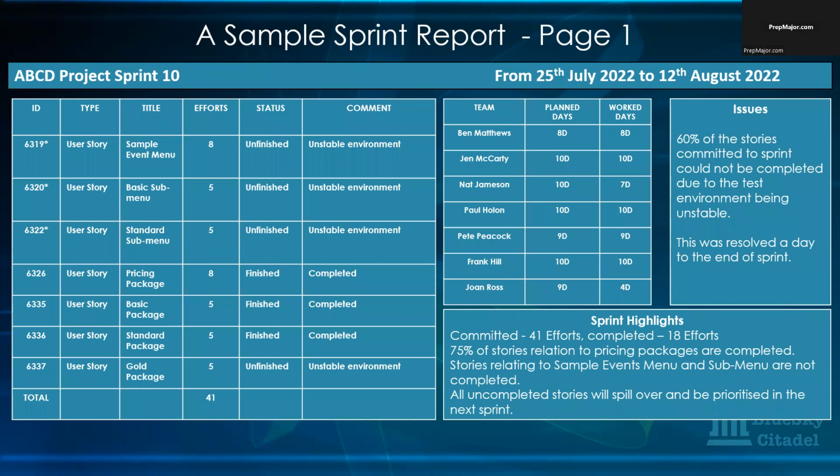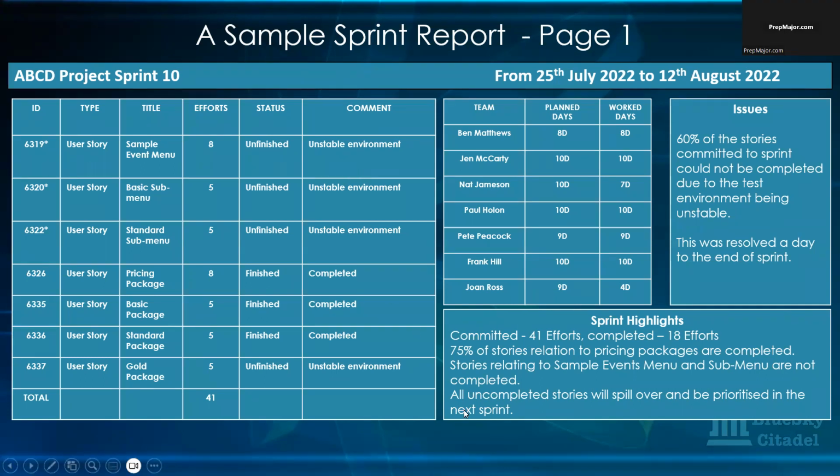That adds more value than the basic sub menu that just gives information. All the clients want is for our customers to be able to see the price and start buying. They want money to start coming in, and those are the ones you dealt with as a team. Those are the priority, and they were completed before the issue of the unstable environment started.